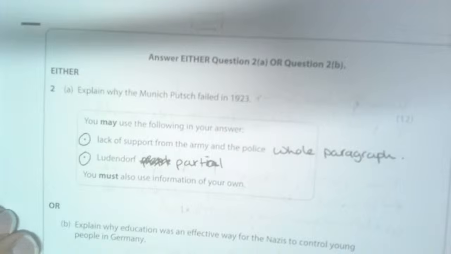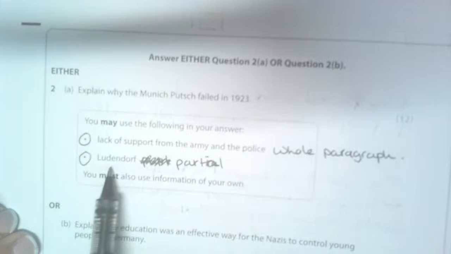Okay, so let's go and have a go at writing this. So we've got our question: explain why the Munich Putsch failed in 1923. We're going to use the following in our answer: lack of support from the army and the police. That's our whole paragraph. Ludendorff is our partial paragraph, and then we're going to come up with a paragraph of our own. So the first one we're going to do is nice and easy.